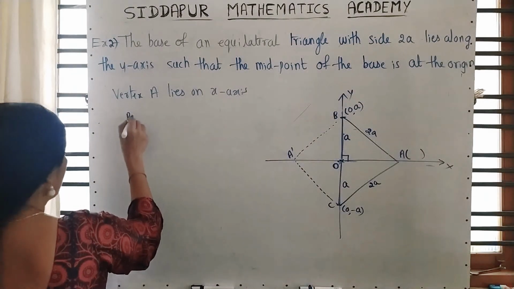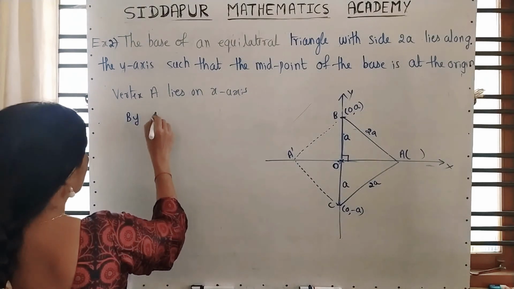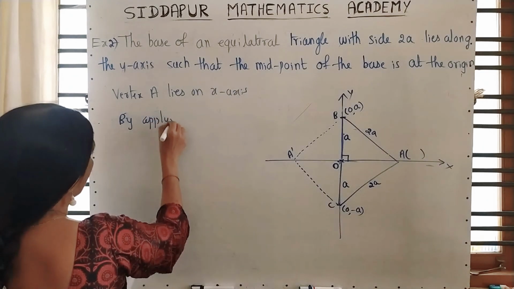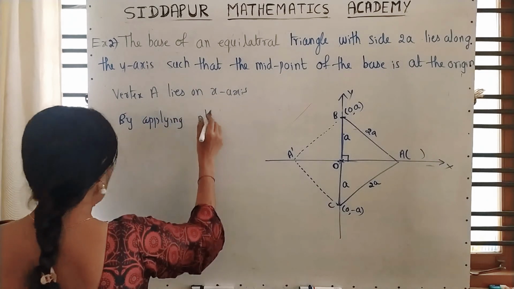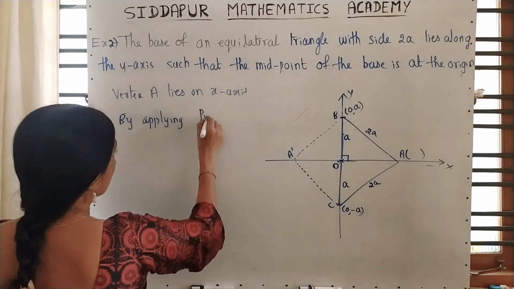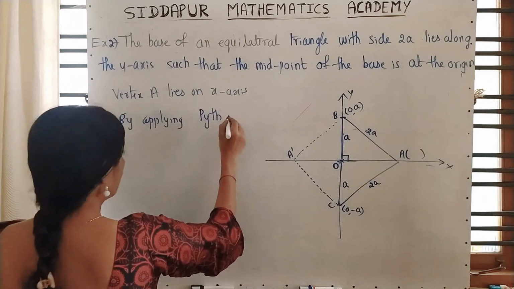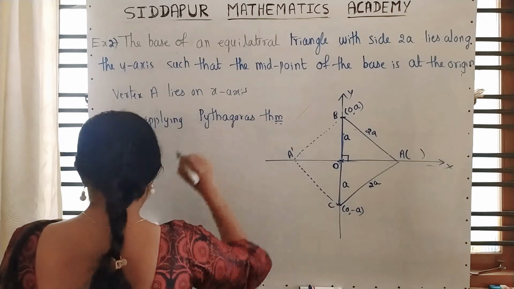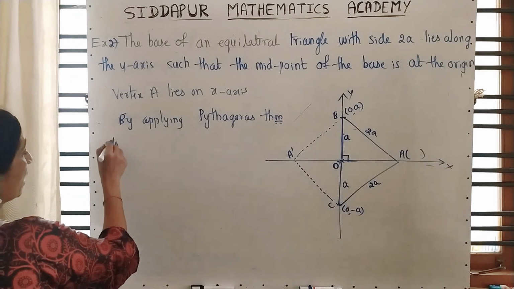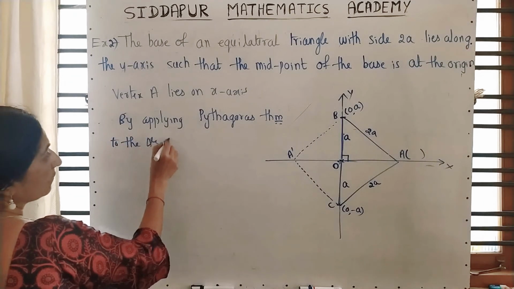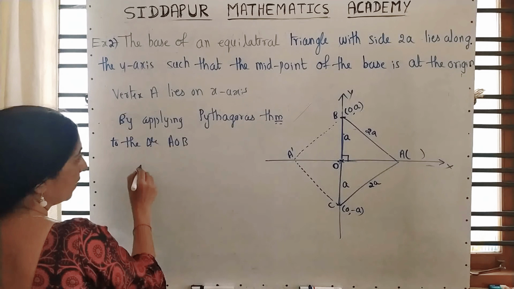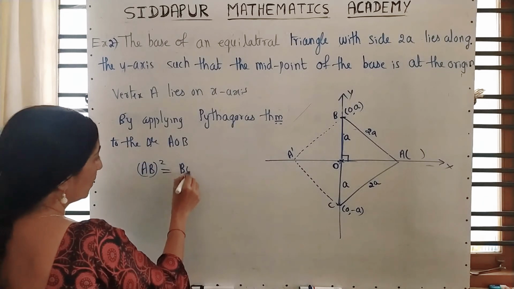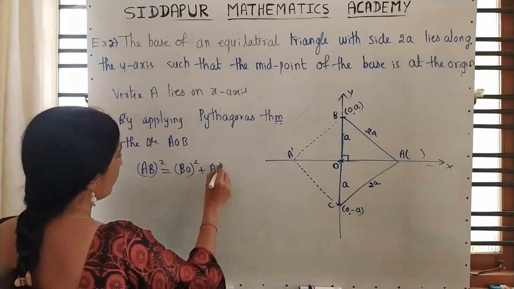See, by Pythagoras theorem, because it is a right angle triangle, as I explained in the figure, by applying Pythagoras theorem to the triangle AOB, AB square is equal to BO square plus AO square.